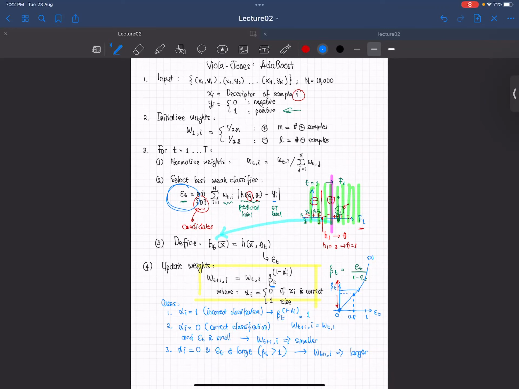And as the output of this, you have H1, H2, H3 until H160K. Not only do you have the classifiers, the weak classifier for every feature, but you also know the quality of these classifiers through epsilon. Through the epsilon, you know how good the quality of your H is.